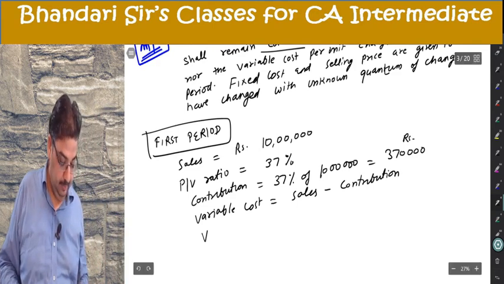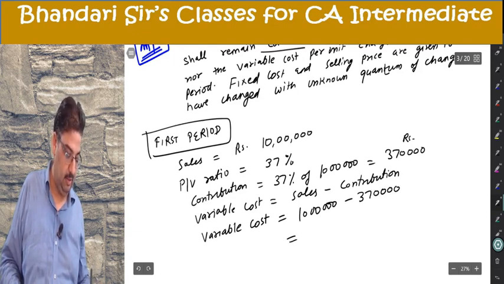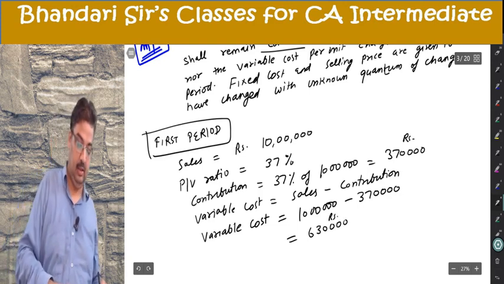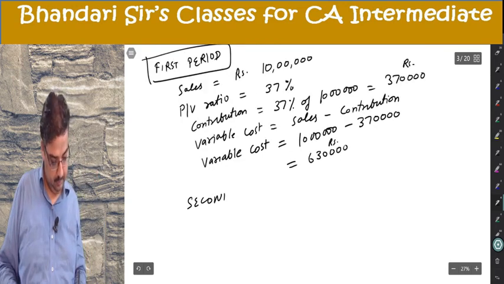So what am I getting? Variable cost, 10 lakh minus 3,70,000, 6,30,000. Now I am starting with the second period.